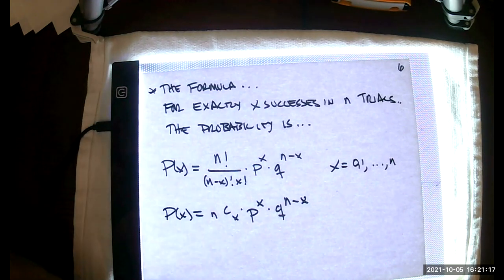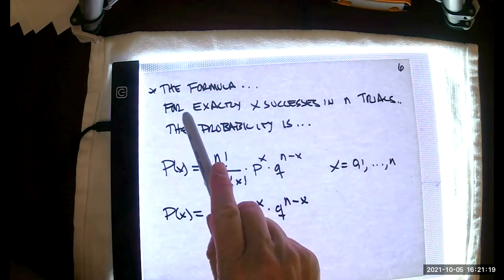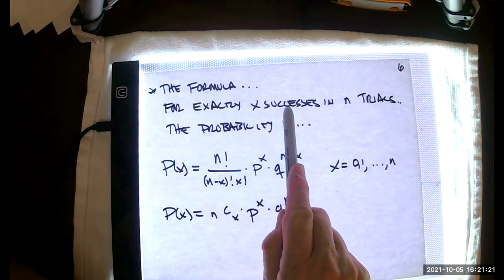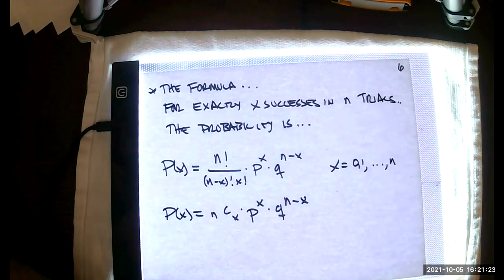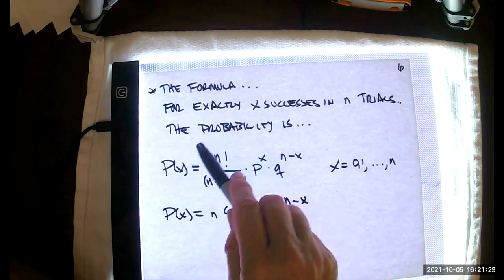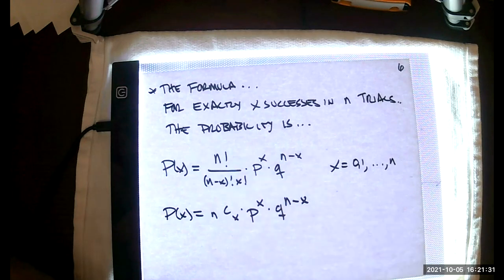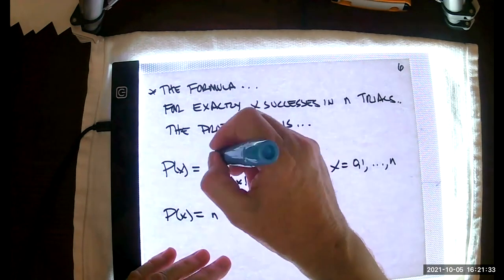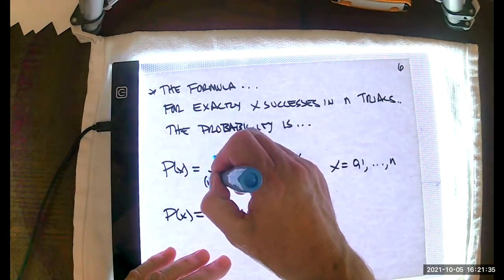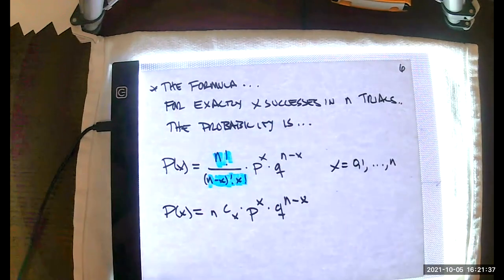When we've got a binomial distribution, the formula for exactly x successes in n trials, that probability is given by P(x). And then you've got this weird factorial thing right here, n factorial divided by n minus x factorial.